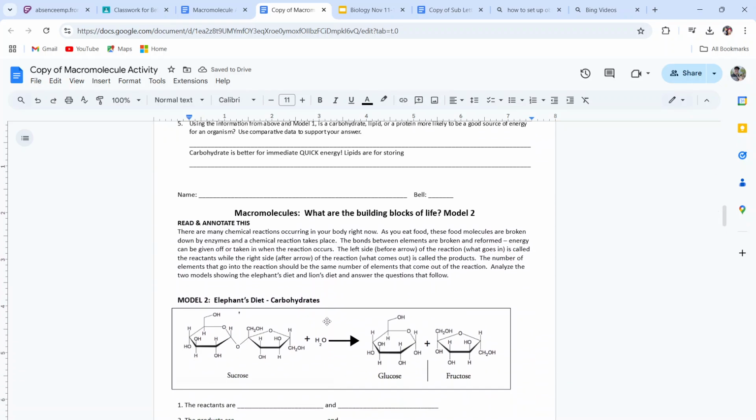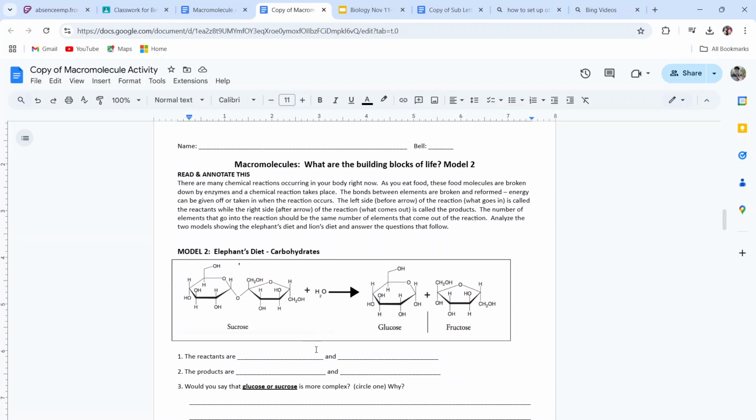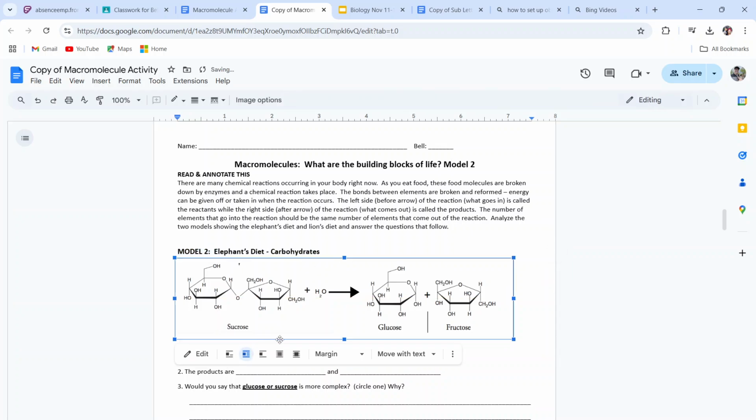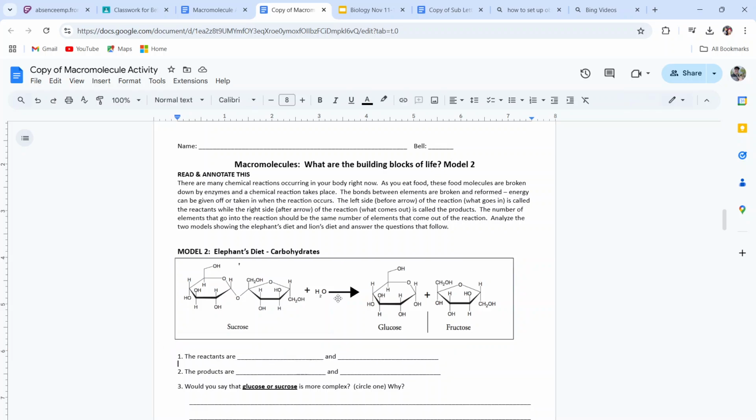Okay? Now, in this next model, we're taking a look at the elephant's diet, who is taking in sucrose, which is sugar, and it's adding water to this, and it's breaking it down to create glucose and fructose. What we refer to this as is a chemical reaction. Anything that is on the left side of this arrow are going to be your reactants.